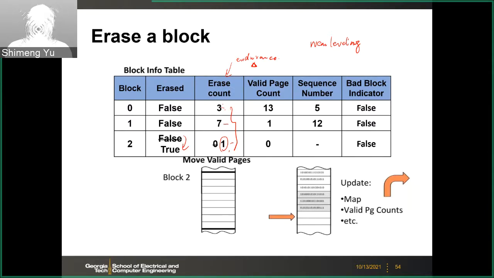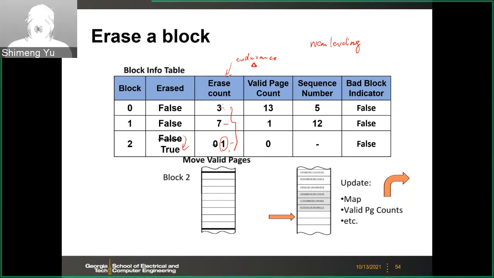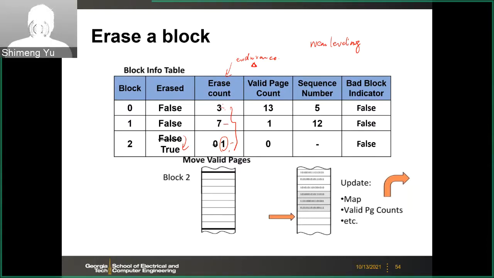So you have to do some analysis of the block information table, and then prepare enough space in case your application will write a large chunk of data at one time. There are many design considerations of the Flash controller, so we will not go into the details there. Question?